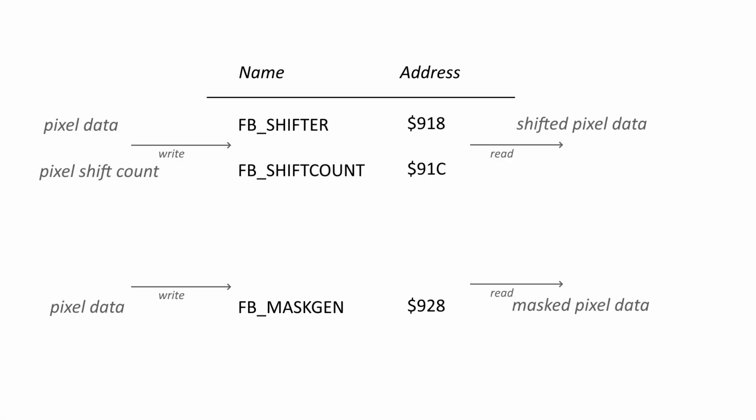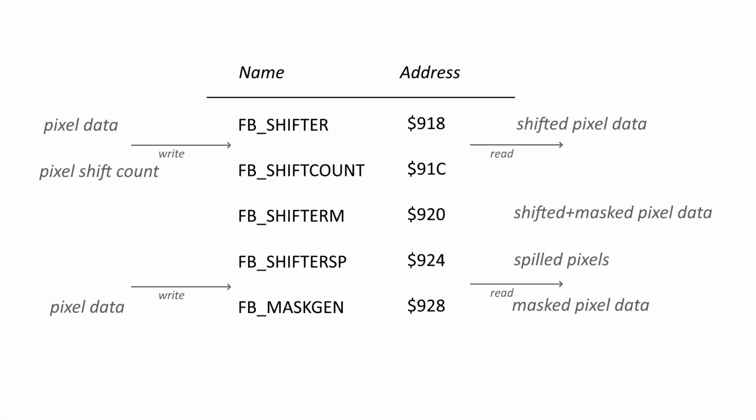Also, there is the mask gen register that is very simple. You write the pixel data into the register, and then you can read back the mask value. There are two additional registers to make things easier. The shifter mask register directly gives you the mask of the shifted pixels, and the shifter spill register gives you the spilled pixels that need to be carried to the next word.